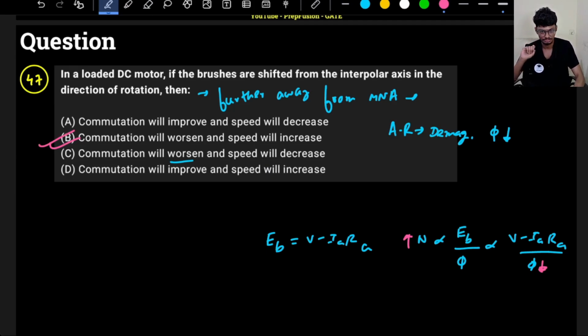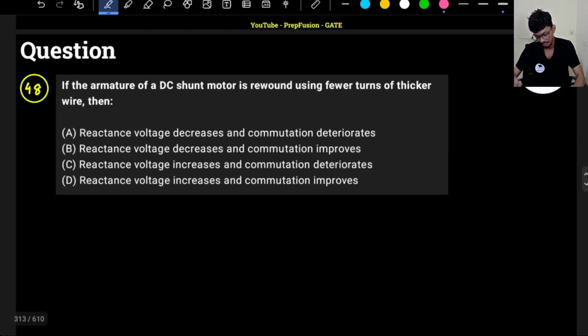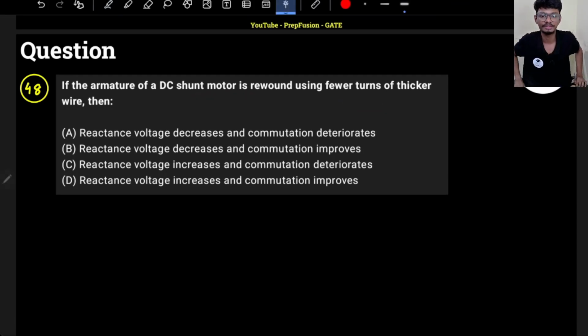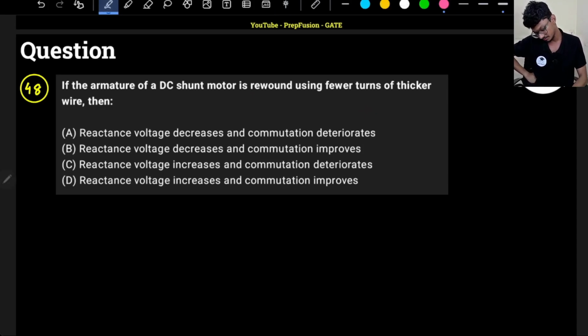Okay. If the armature of a DC shunt motor is rewound using fewer turns of thicker wire, then what will happen? I am using fewer turns, so the number of turns has been reduced.